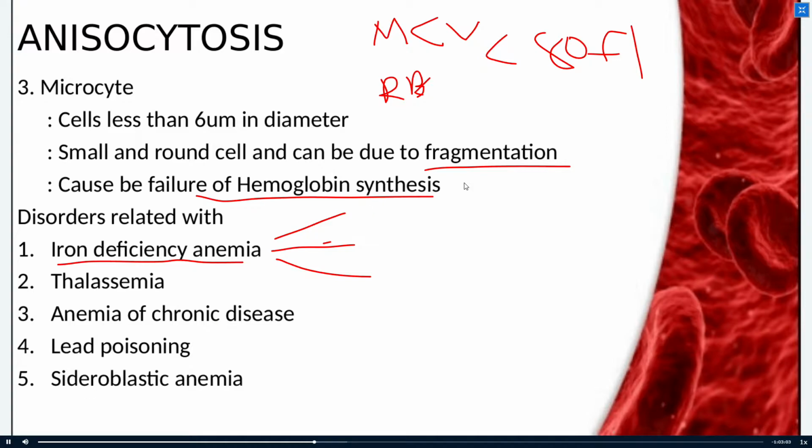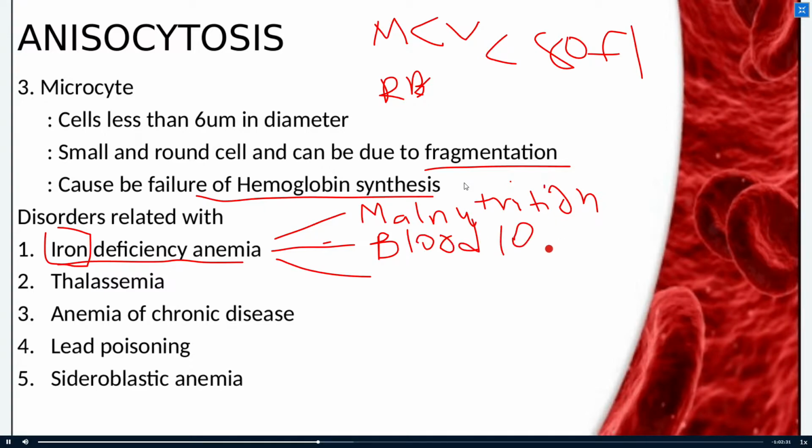Okay, so we have your malnutrition. One more. Two more. So, ito related sa lack of iron in your diet. What else? Give me 2 more. A very good, blood loss. And another one.